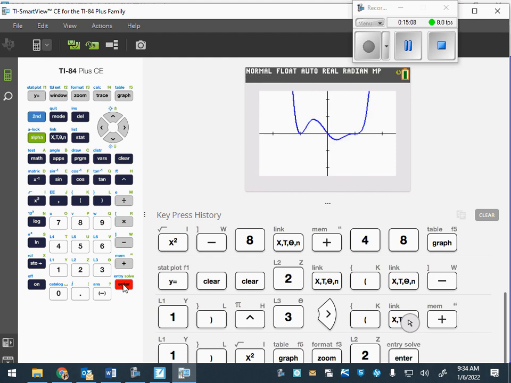Just hit enter. Did you press zoom in? At this, we see the -1 bouncing, right? Does that make sense? Yep.